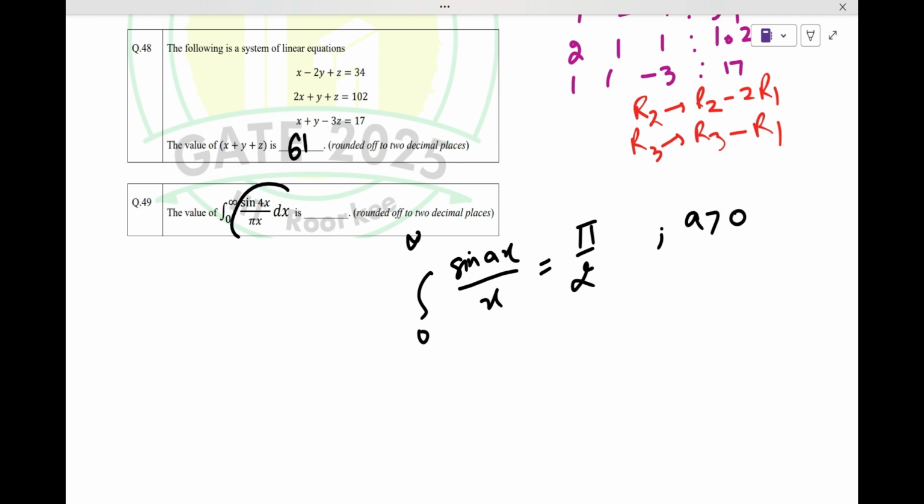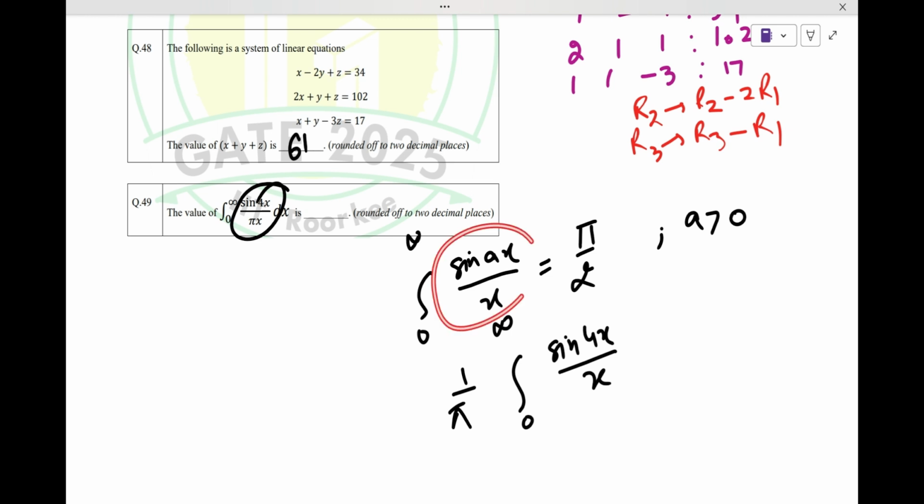Now sin 4x by pi x can be written as 1 by pi times the integral from 0 to infinity of sin 4x by x. Now you can see here, the value of a doesn't matter. Whatever a is, the value is pi by 2. So the value is 1 by pi into pi by 2. So pi cancels, giving 1 by 2. So the rounded value is 0.5.